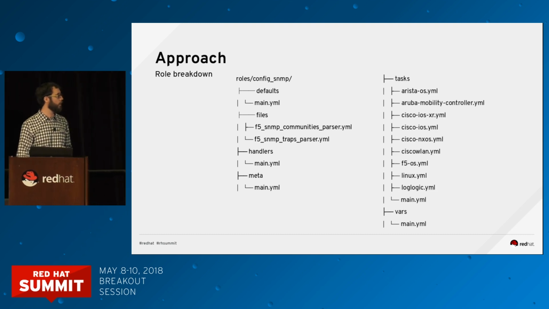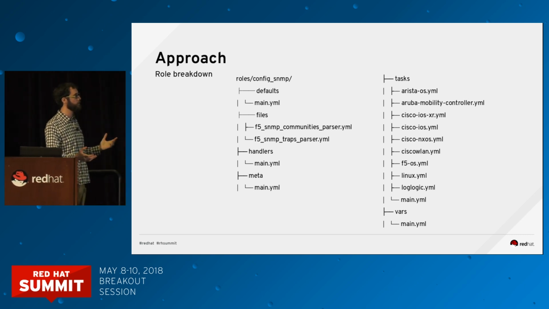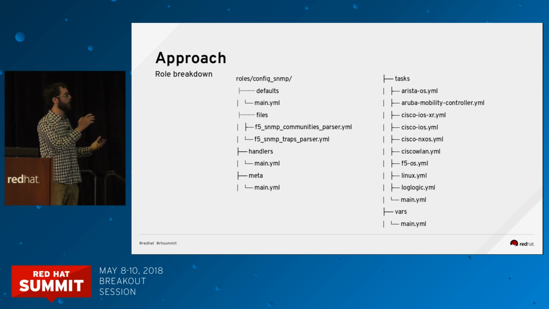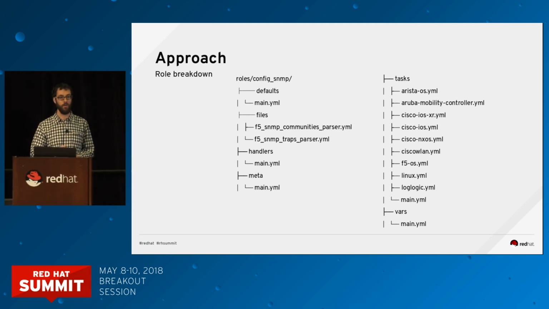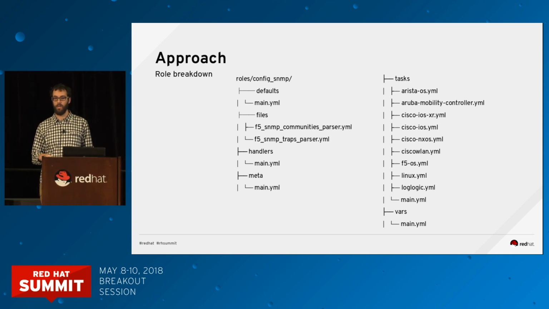So here are some of the tasks inside of this role, and pretty much all of our roles look like this. We have a vendor-specific task file for each vendor. In the future, we're going to try to be moving towards more vendor-agnostic modules. Those are already available right now.